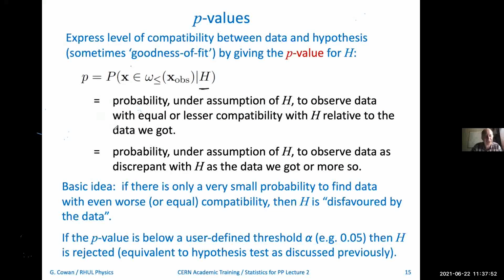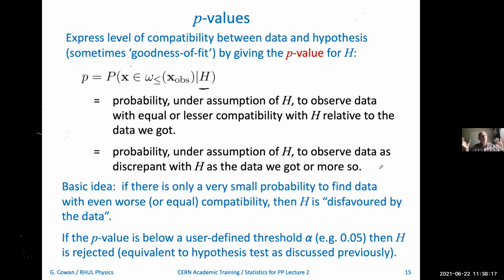So let me try to put this in words. It's a little bit difficult. It's equal to the probability under the assumption of H to observe data with equal or lesser compatibility with H relative to the data that we got. Let me try again. It's the probability under the assumption of H to observe data as discrepant with H as the data we got, or more so.